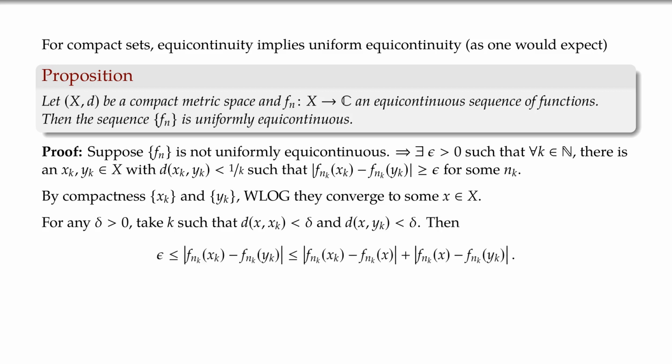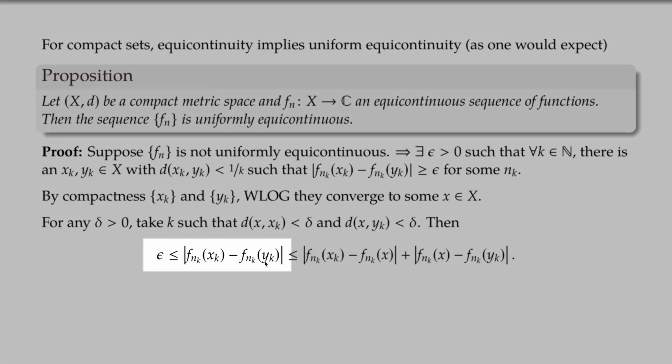And then we first look at this thing, right? The way that we picked these x sub k and y sub k was precisely so that for the function f sub n sub k, one of these functions in the sequence, the difference of the values was bigger than epsilon, right? So we have that.